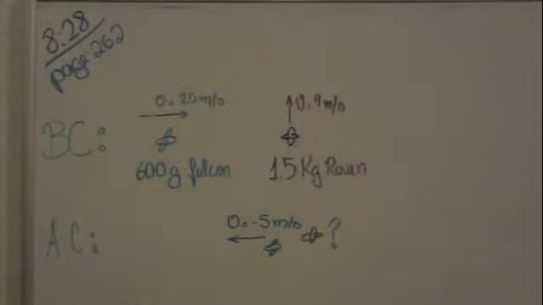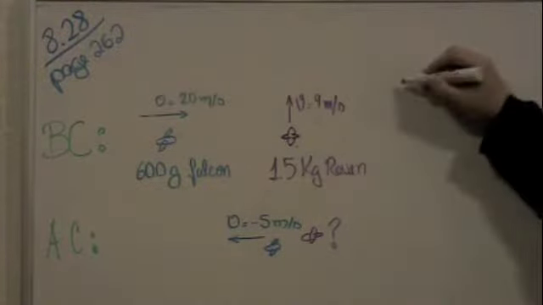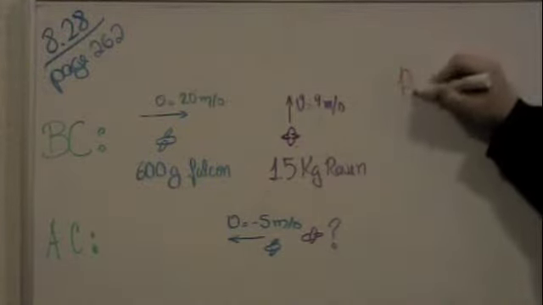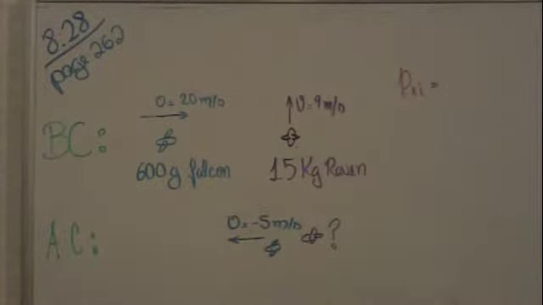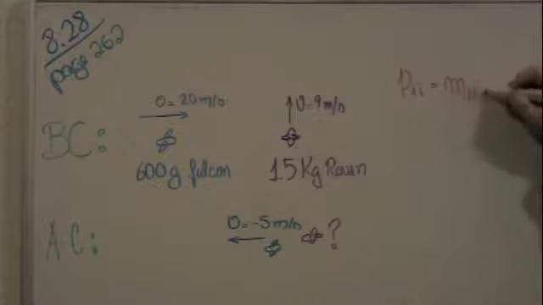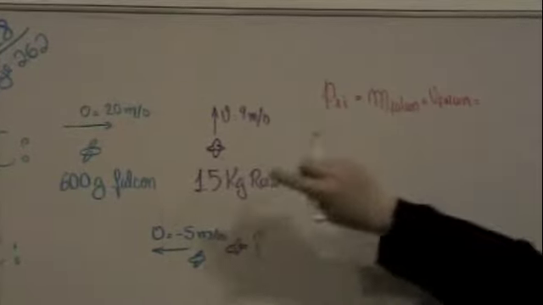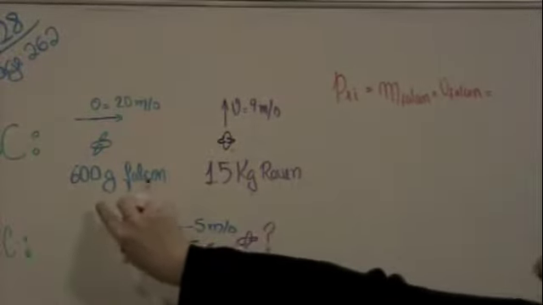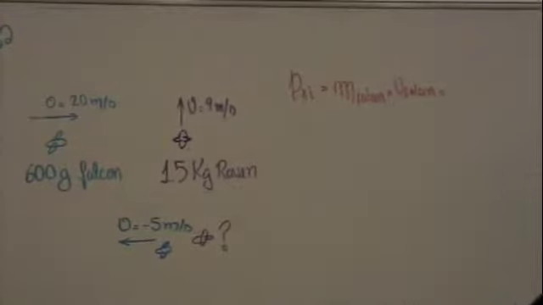So let's see. Before the collision, we have an initial px. The only thing traveling in the x direction is the falcon, right? So it will be the mass of the falcon times the velocity of the falcon, which is 0.6 kilograms times 20 meters per second.